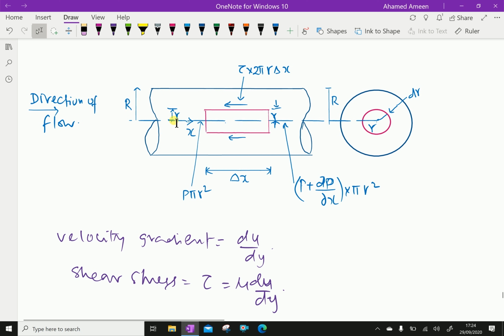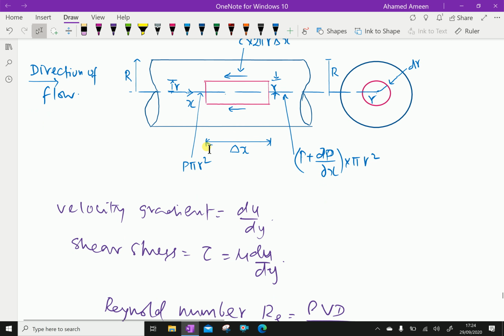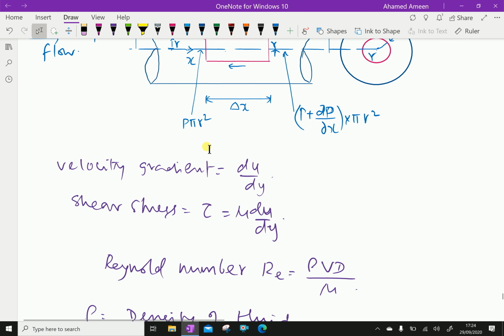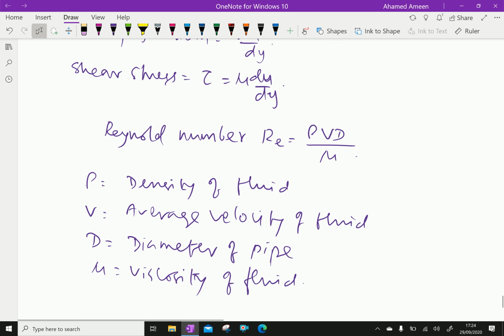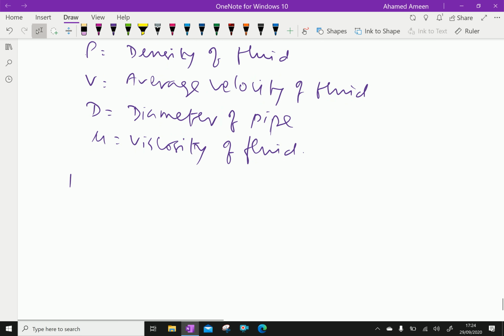We are taking a small elemental cylindrical fluid with radius r and length delta x.